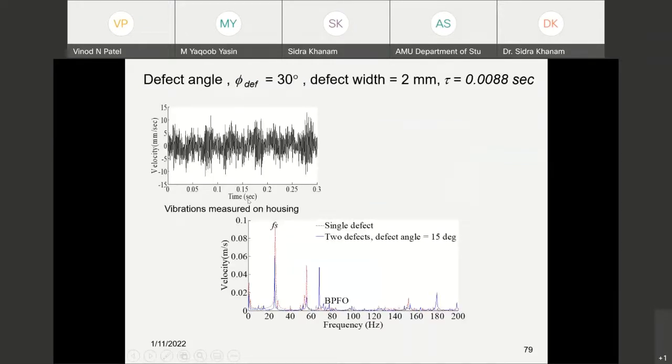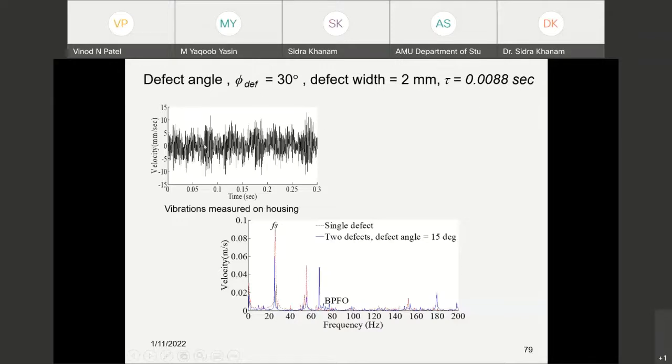So this is the case when two defects were available. The angular difference of the two defects was 30 degrees. The defect widths were 2 mm. So the time period according to the speed of rotation was 0.0088 seconds.